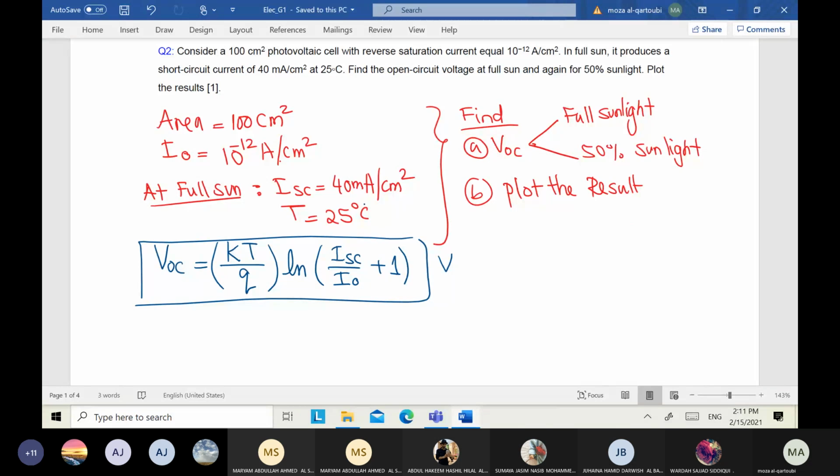We have I short circuit, we also have I saturation current. So we need the three other values, K, T, and Q. T is temperature, and we have temperature, room temperature 25 degrees C. So we need two extra values, K and Q.